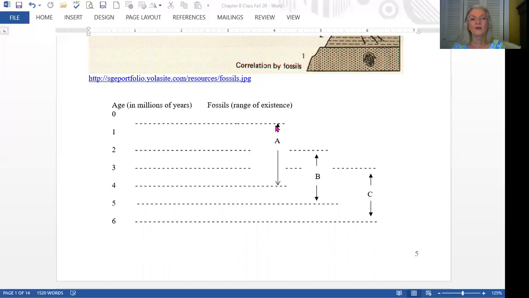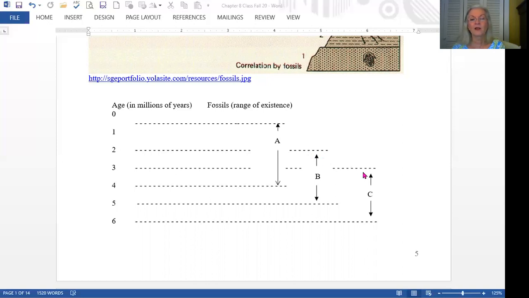Let's go the other direction. So at 1/2 million years ago, were they all 3 here? Nope, only A. At 2 million years ago, were they all 3 here? No, B had just reached the end of B's range, and A was well established. So it was A and B, but no C yet.